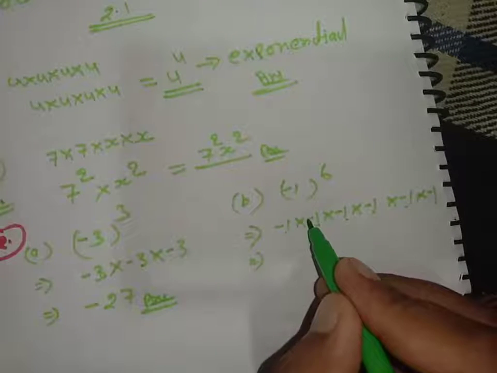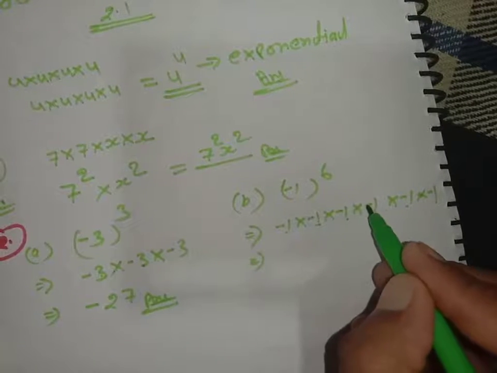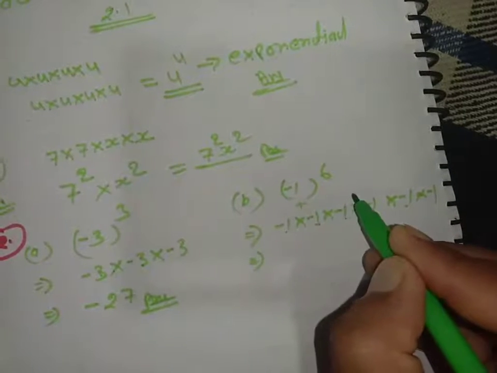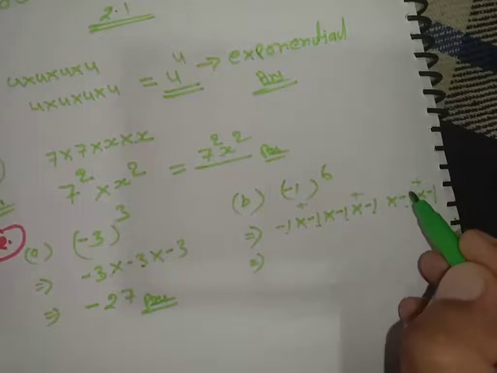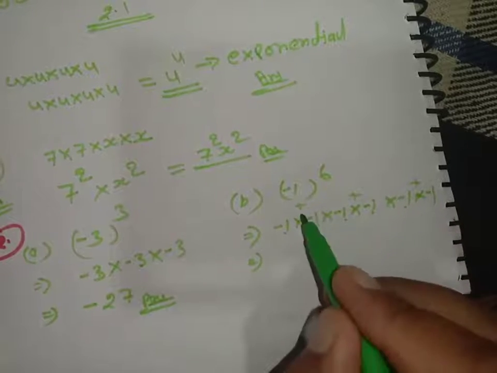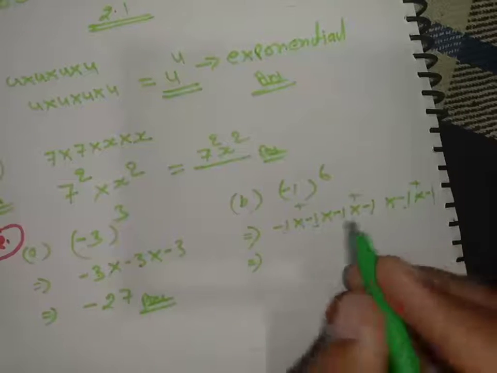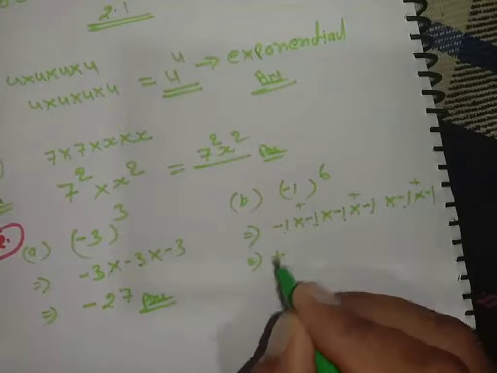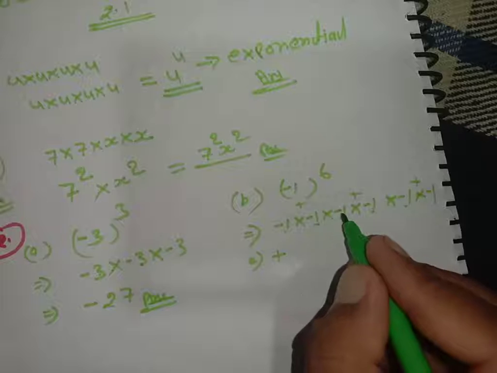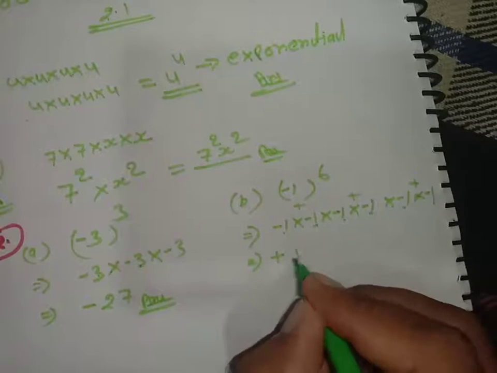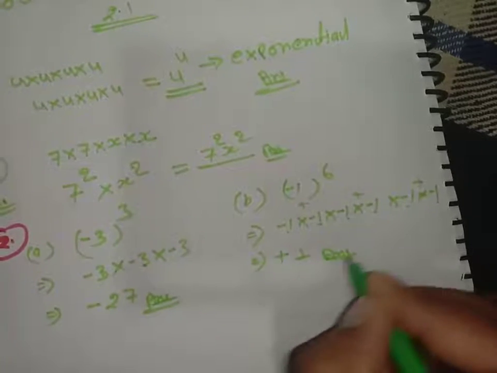Minus minus plus, minus minus plus, minus minus plus. Plus into plus is also plus. So the answer is plus: 1 into 1 into 1 into 1 into 1 into 1, and the answer is 1.